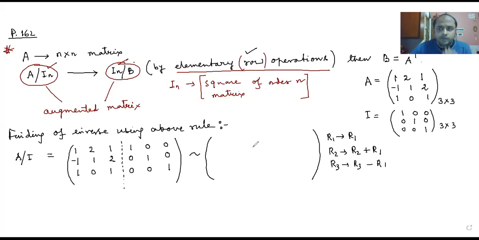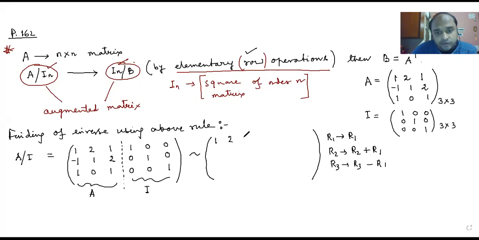And why am I doing these operations in this manner? Because according to the theorem, this left hand side matrix is your A, and the right hand side matrix is your identity. I want to interchange the positions. I will make the left side identity, and this identity will become something else, probably the B, that is A inverse, which I've got.